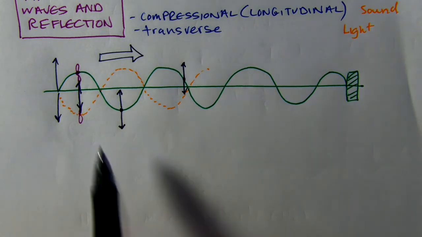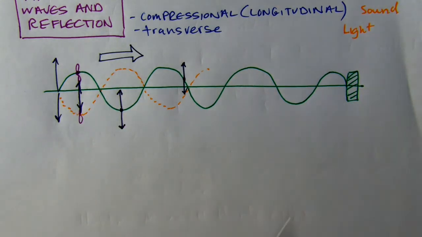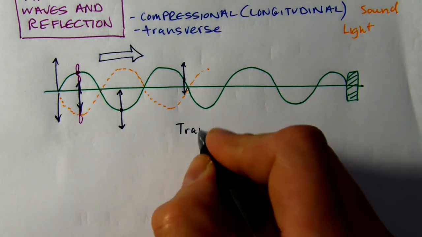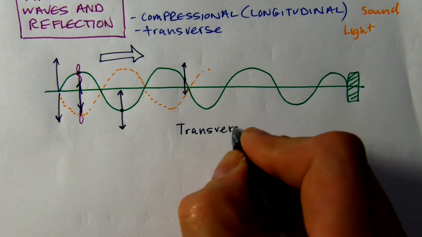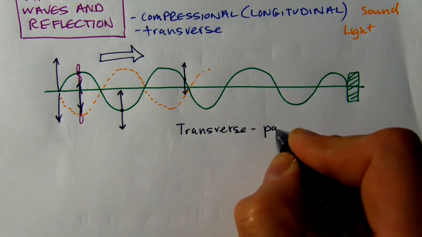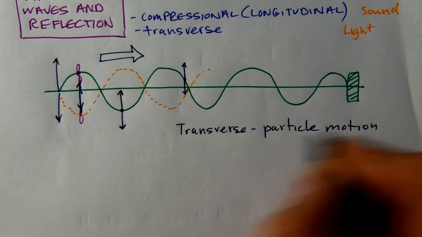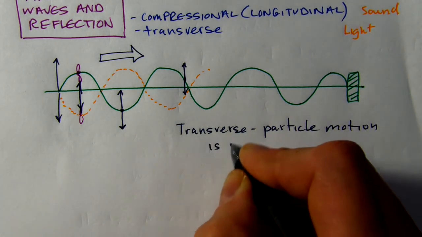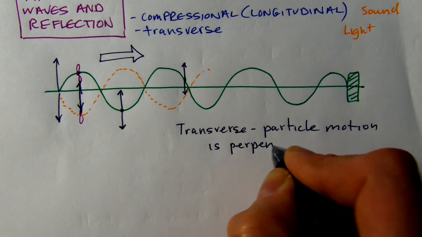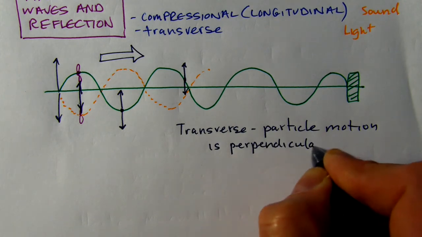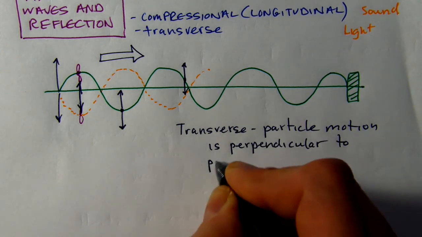So while it looks as though this is progressing to the right, actually the particles are moving perpendicular. So in a transverse wave, particle motion is perpendicular to what we call propagation.